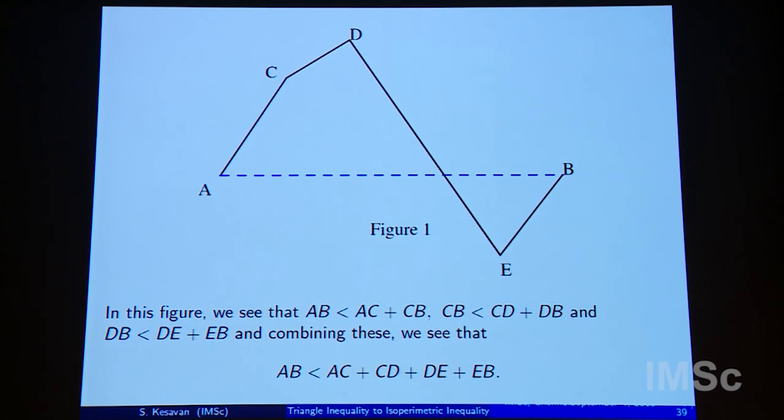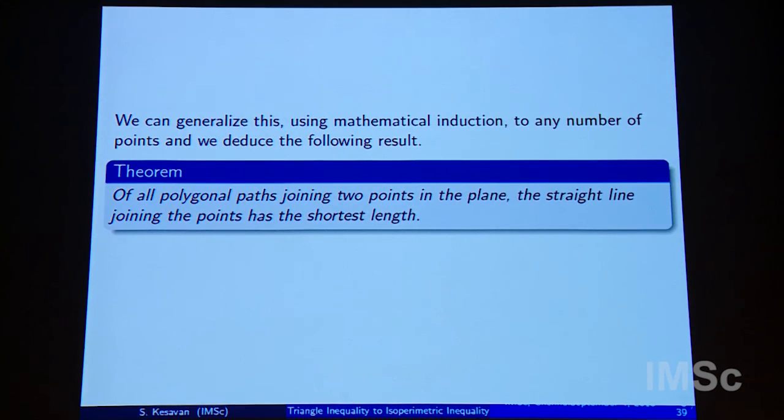If you walk along this polygonal path, the distance is much more than going straight from A to B. Now you can generalize this using mathematical induction to any number. So of all possible polygonal paths joining 2 points in the plane, the straight line has the shortest length. This is just a direct corollary of the triangle theorem, namely, 2 sides of a triangle is bigger than the third side.